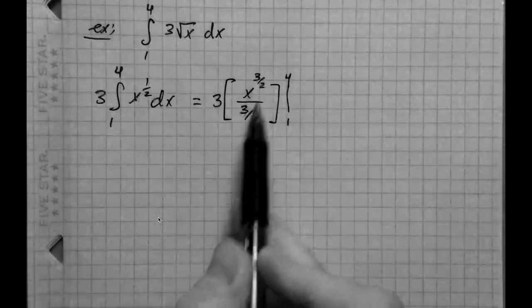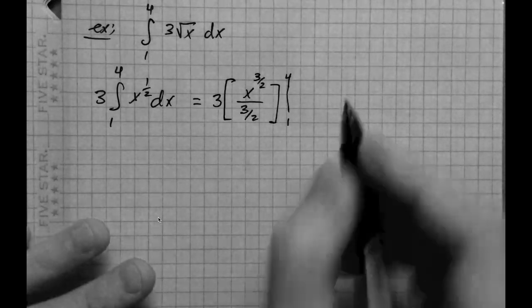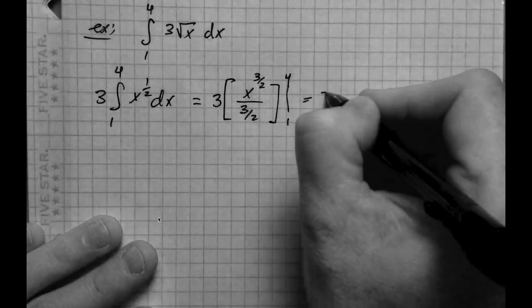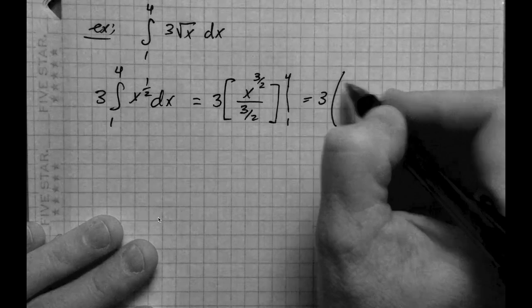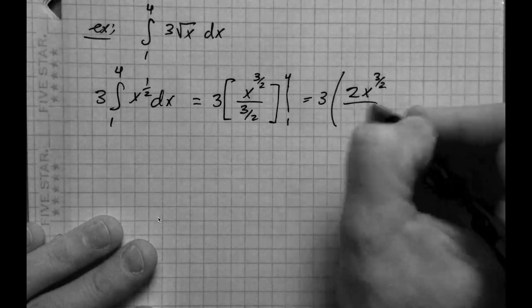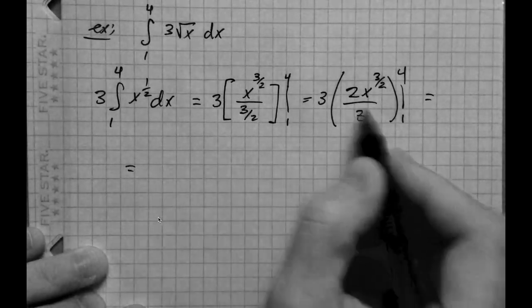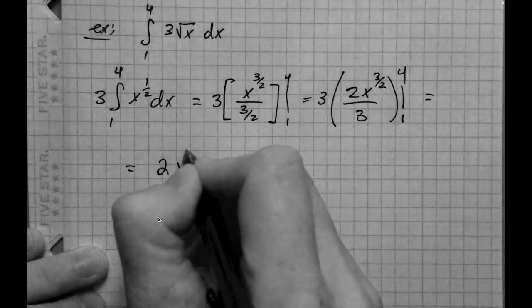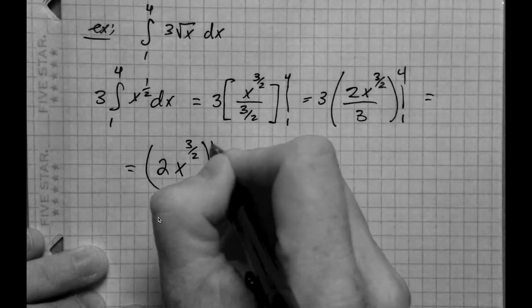That's the general form of the antiderivative, without the constant. And so we can do this math really quickly. Let me do a little simplification first, so this would be 2x to the 3/2 power from 1 up to 4.